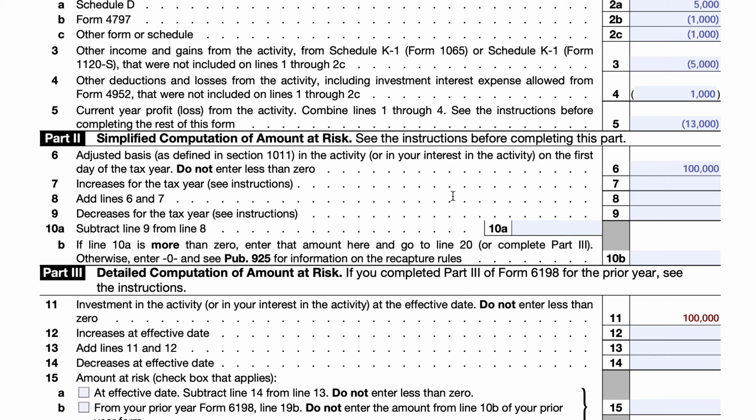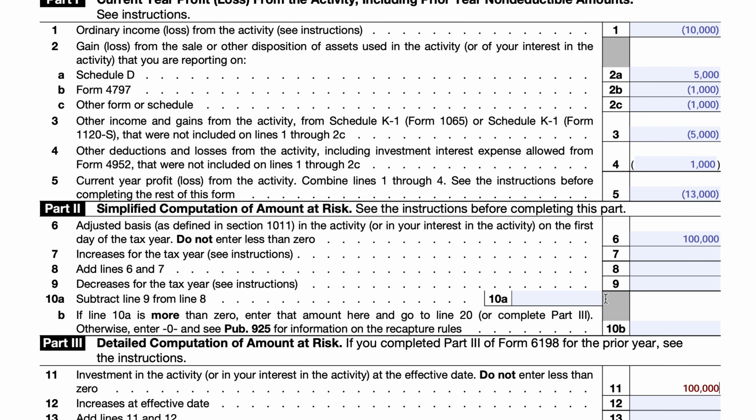Then increases for the tax year, according to the instructions, do not include the income or the losses that we calculated up here. We would include changes during the tax year that increase your amount at risk, such as the net fair market value of any property that you own, an increase in the amount of cash, an increase in the amount of loans that you use to finance the activity for which you are personally responsible, not non-recourse debt, or the percentage depletion for this year deducted in excess of the adjusted basis of any depletable property.